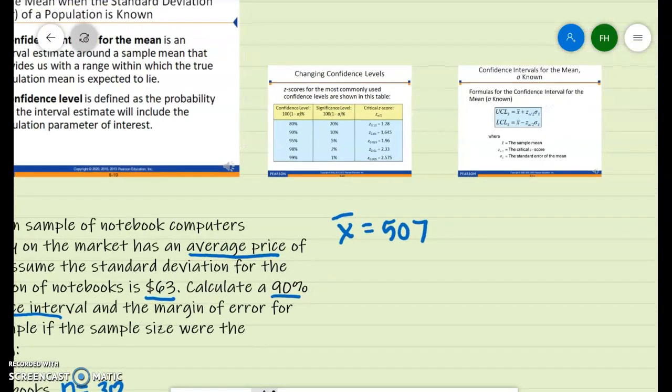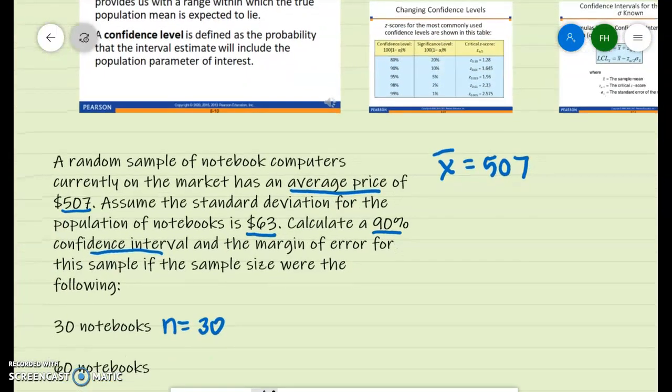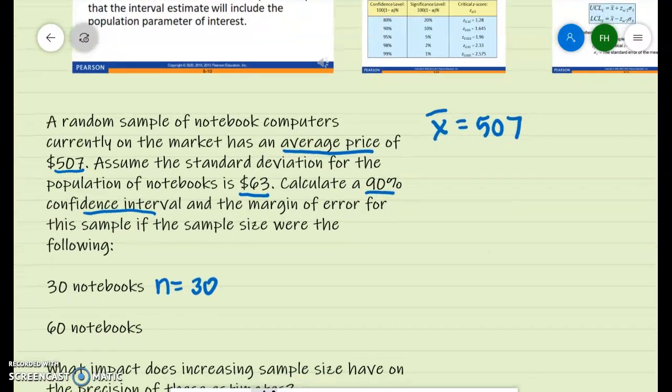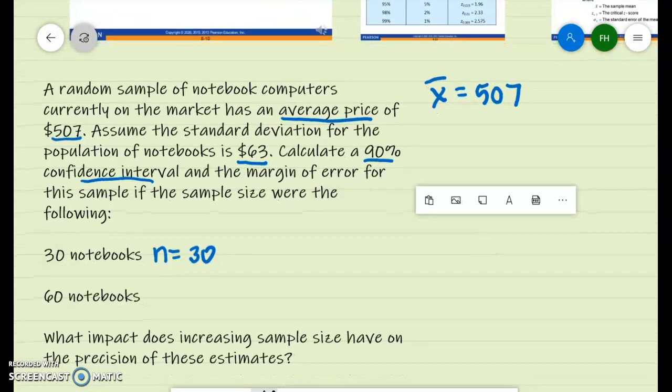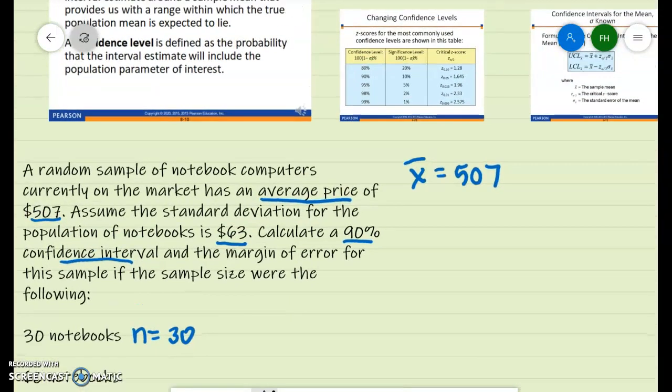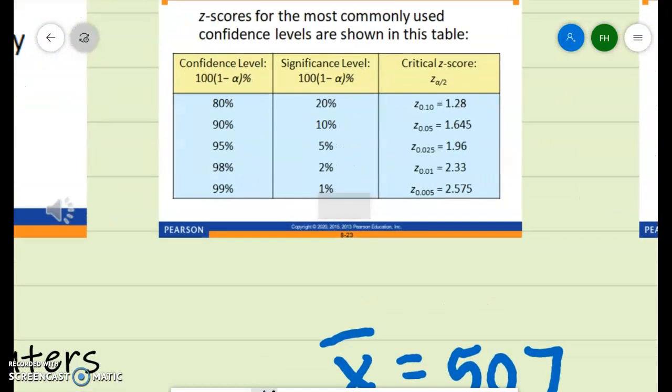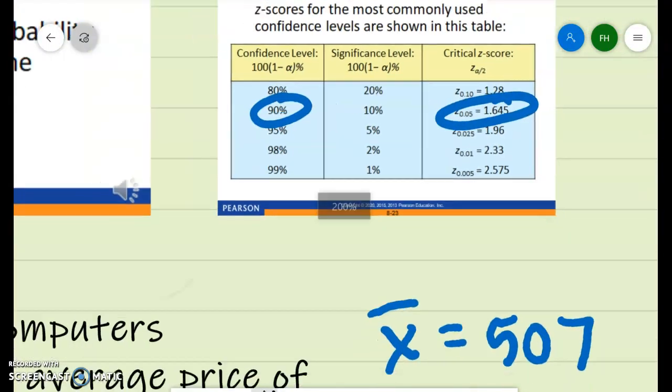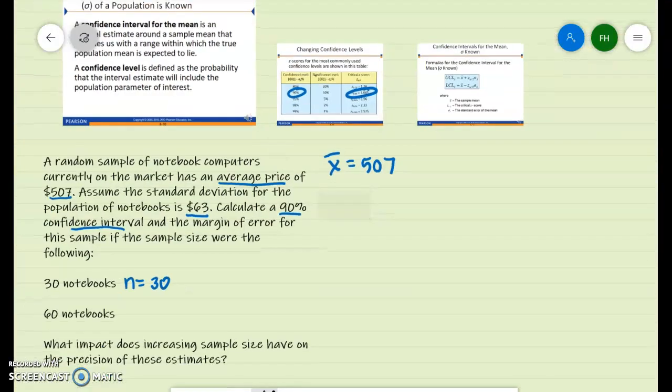And we have to know the z-score. So the z-value for a confidence interval, here's our table here, and as you can see, for a 90% confidence interval, our z-value is 1.645. So now we know z.